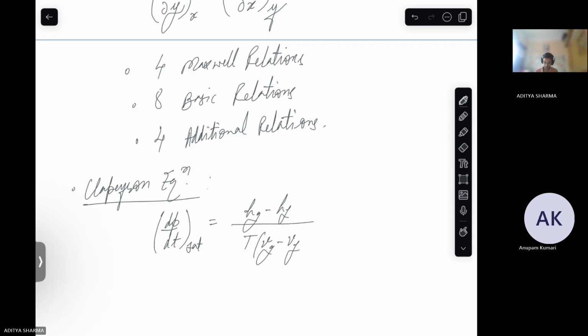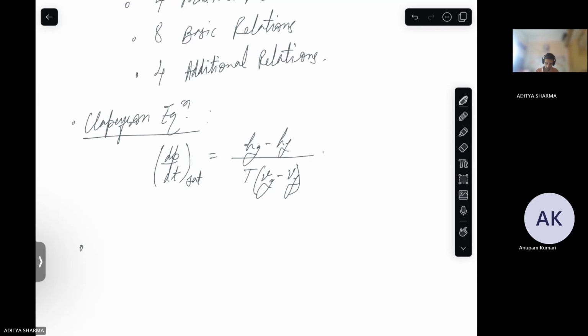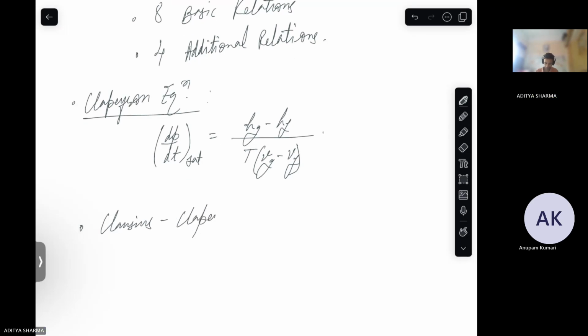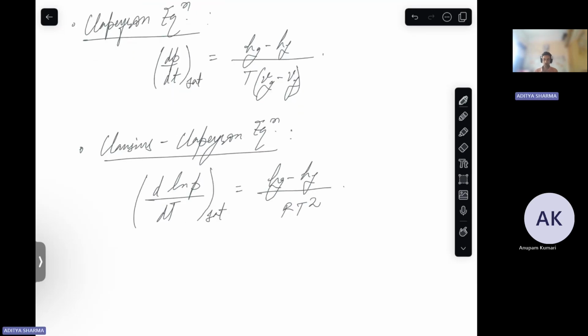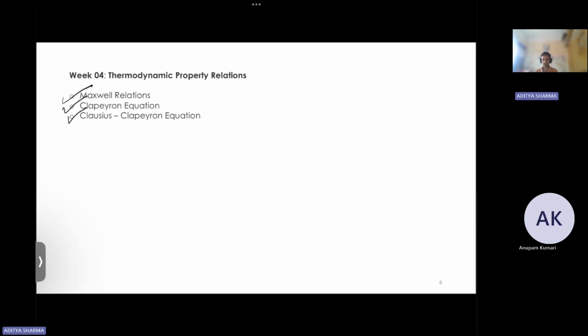So this is your Clapeyron equation. Then your Clausius-Clapeyron equation is just an extension of the Clapeyron equation, which is this. These two equations have been given for the phase change processes discussed in your week 4, along with the derivation of Maxwell relations.